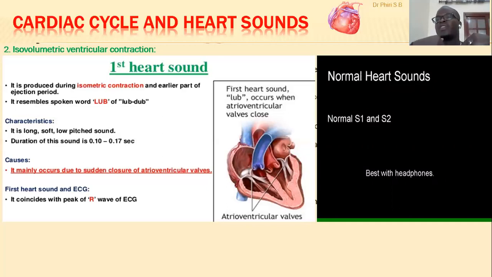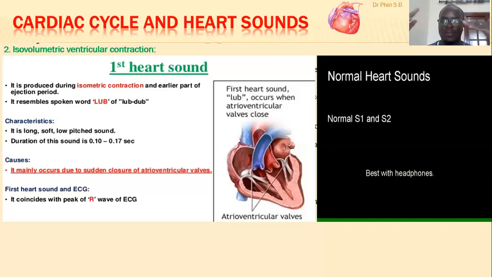The atrioventricular valves are going to close. Like I said, the bicuspid valve will close first, followed by the tricuspid valve, but there is not much difference in terms of time. So you just get the same prolonged sound, which is called the lub.